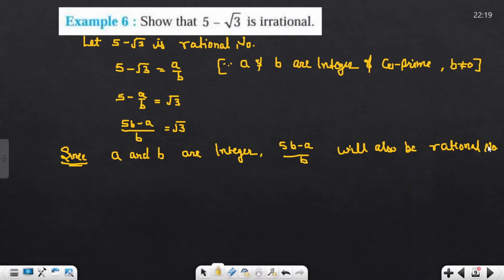Okay, if it is a rational number, therefore root 3 is equal to this value. Root 3 is a rational number.